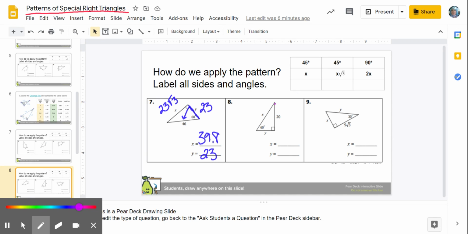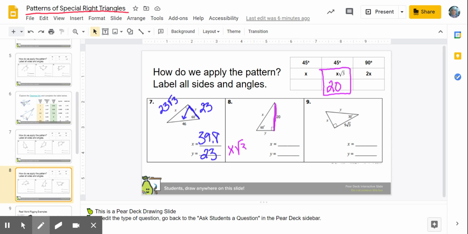So where do I put the 20 in my chart? What do I know about that? It is. And this is the one where you have to build an equation. So I'm given 2 things. I have to set those equal to each other. So x on the square root of 3 equals 20. We're going to solve that.